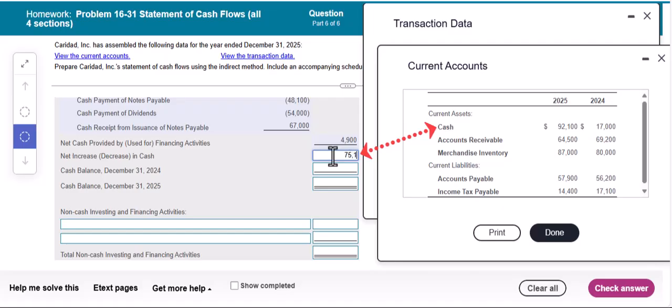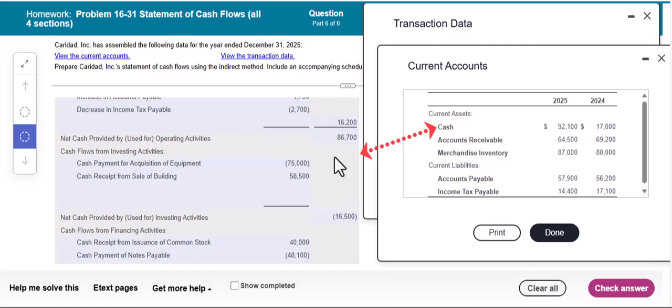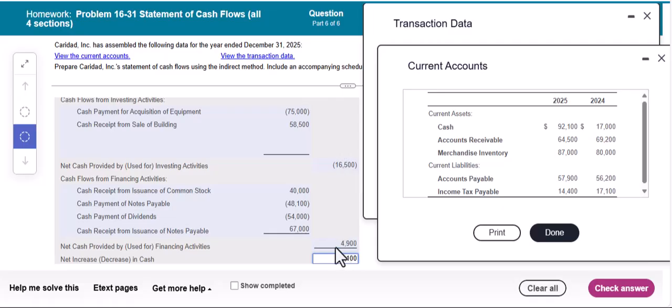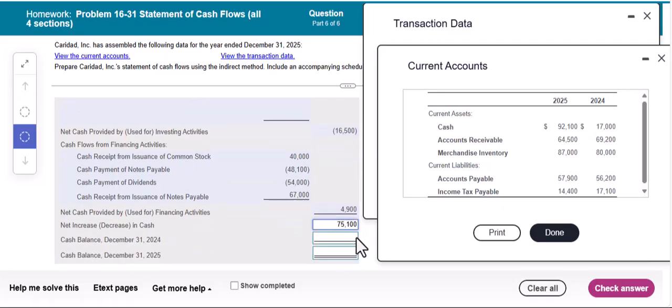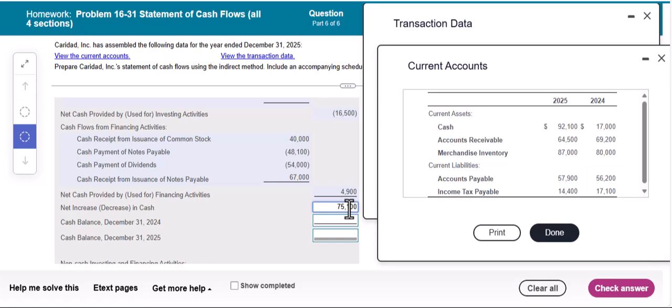And then the other way to calculate this or double check this number is to add these three sections. So the operating activities, the 86,700 minus the 16,500, since that's negative, plus 4,900 will give you this 75,100.